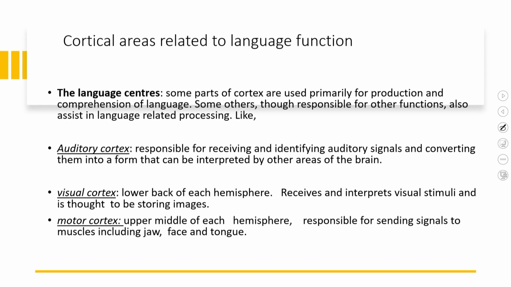And then motor cortex, it is the upper middle of each hemisphere, as we have just seen in the picture, and this is responsible for sending signals to muscles including jaw, face and tongue and so on. So, these are the basic, very primary areas. Earlier we used to call them the motor cortex.